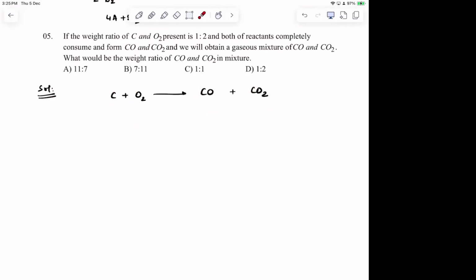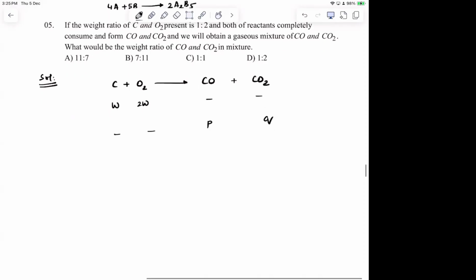Check. So what do we know here is that if the weight of carbon, let us write it as W, then this should have been 2W. Got it? Now before the reaction, after the reaction, nothing will be left. Let these amounts be P here and Q here.